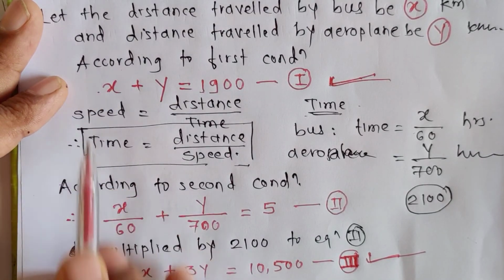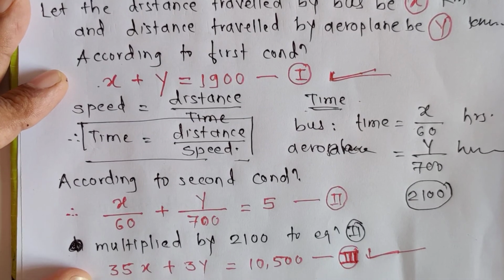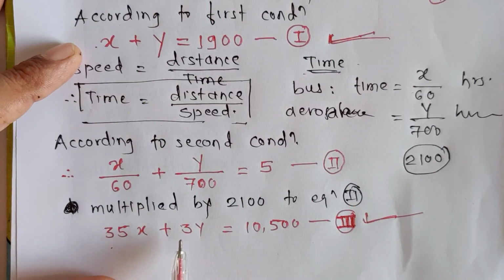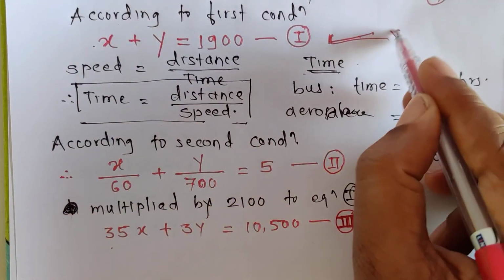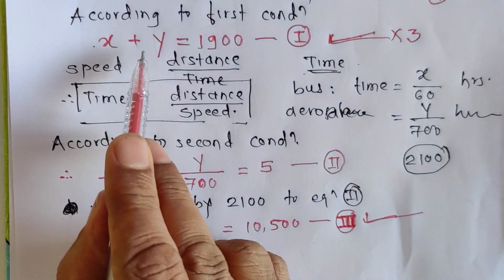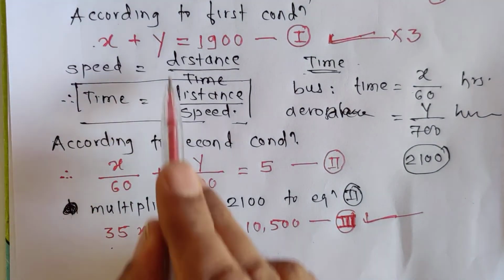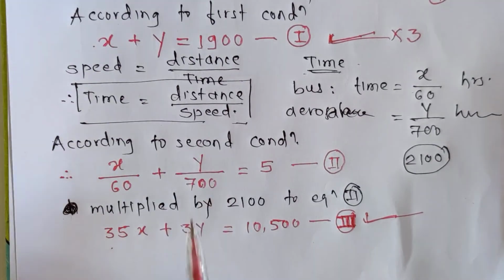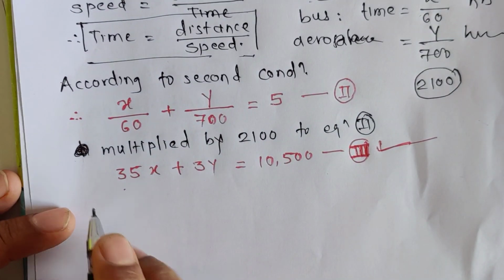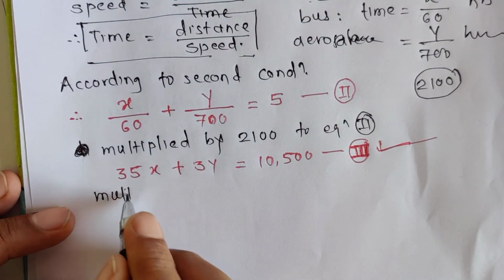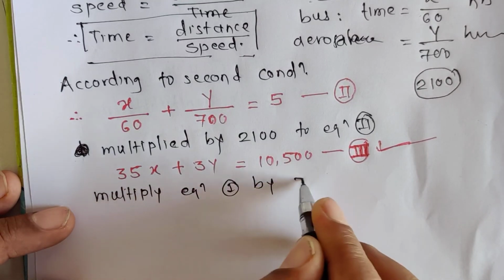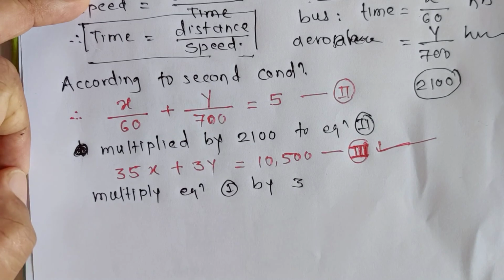Here it is 1, here it is 35. Coefficient of y, here it is 1, here it is 3. If we multiply this equation by 3, then the coefficient of y becomes equal, because by the elimination method we have to make the coefficient of any variable equal. So multiply equation 1 by 3.